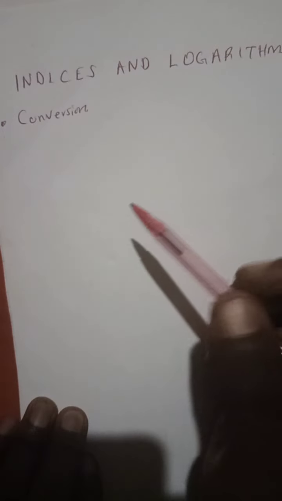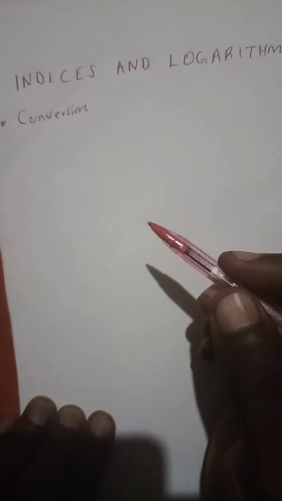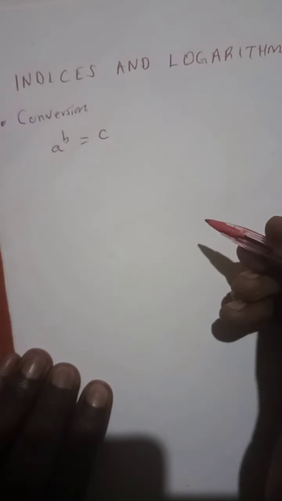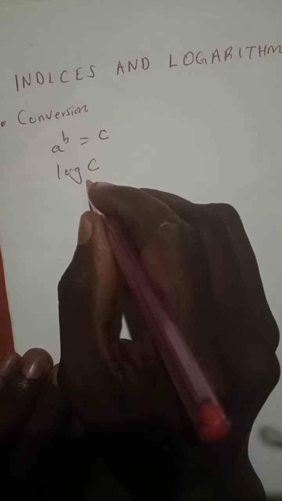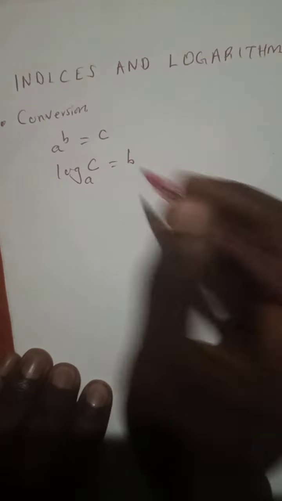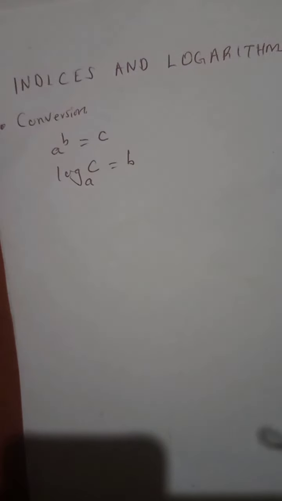We want to see how you convert from indices to logarithm and from logarithm to indices. For instance, if you have a number like a raised to b is equal to c, that is in indices form, so you can write it as the logarithm of c to the base of a equals b. So where is the trick?